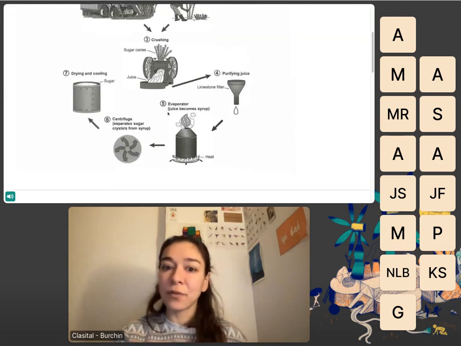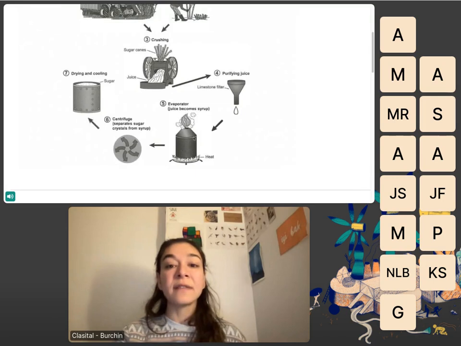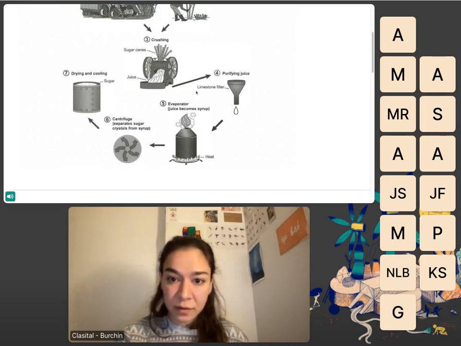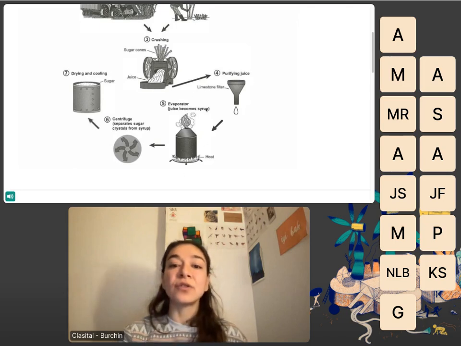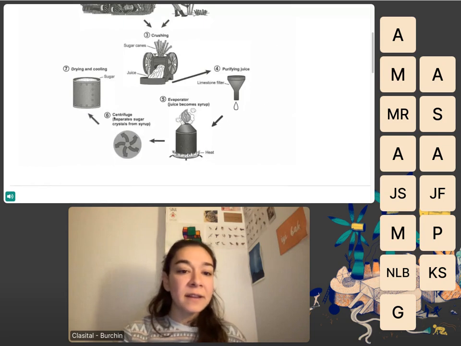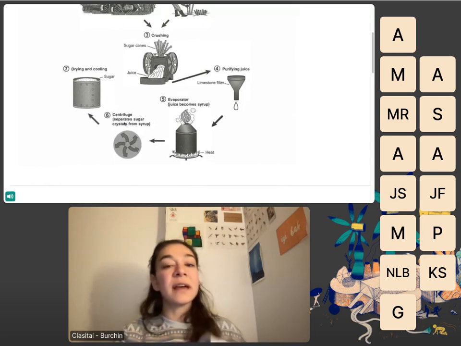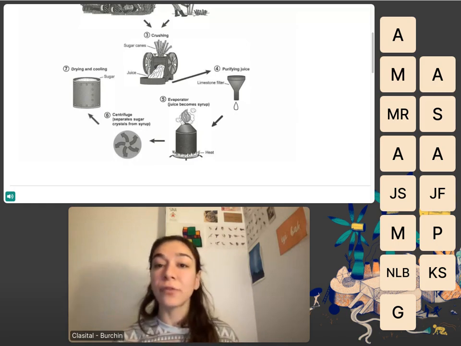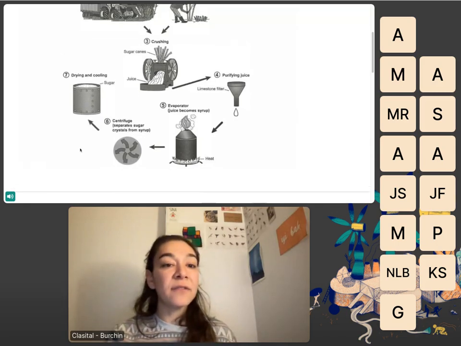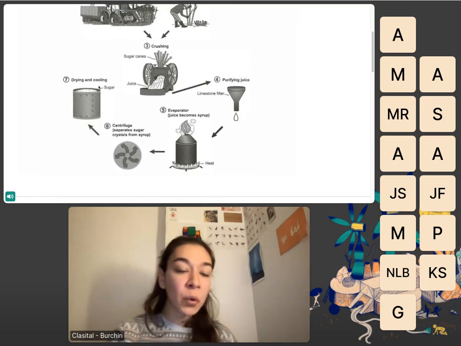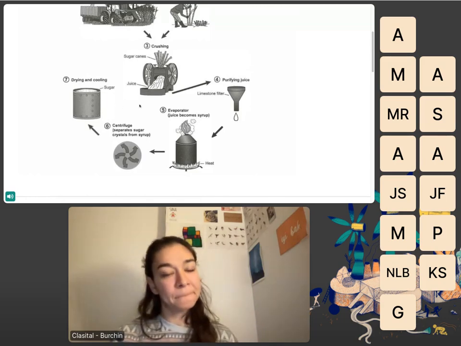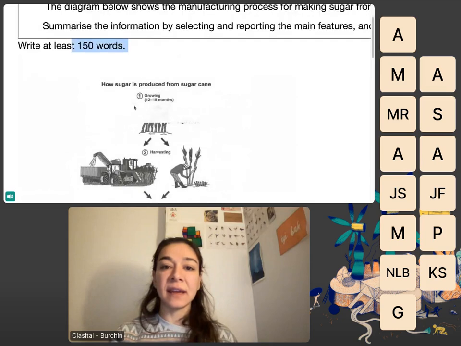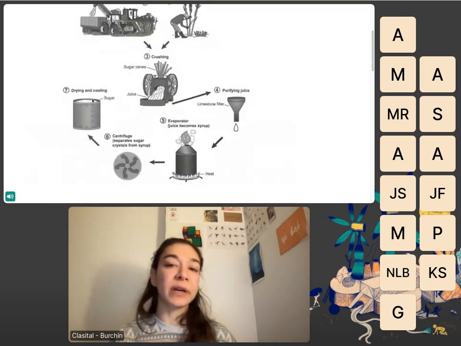Then, with the help of an evaporator, by heating the juice, they are making syrup. Then they centrifuge, and in this process they separate the sugar crystals from the syrup. Then, after drying and cooling, they produce sugar.